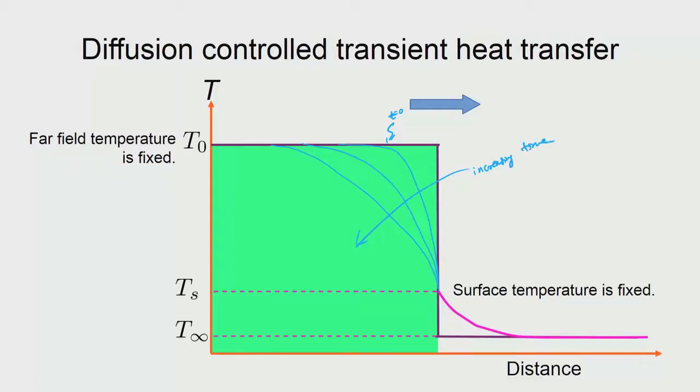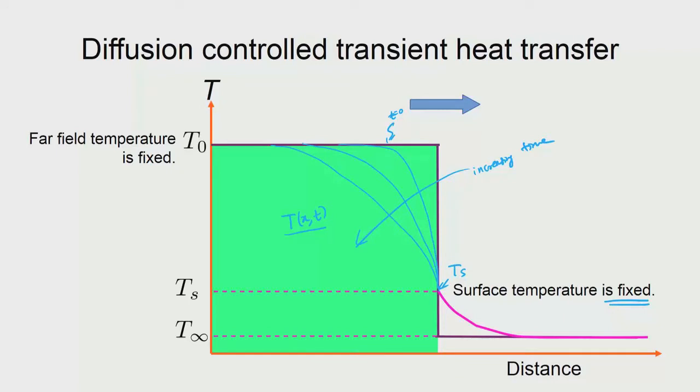If this is the situation, how would we go about evaluating it? We see that the temperature varies as a function of distance within the bulk. So, definitely we are interested in T as a function of x, and it is also changing with time. So, we are interested in T as a function of x and time t. In this situation we want to restrict it so that we can get some solution out. We want to say that the surface temperature T s here is fixed.